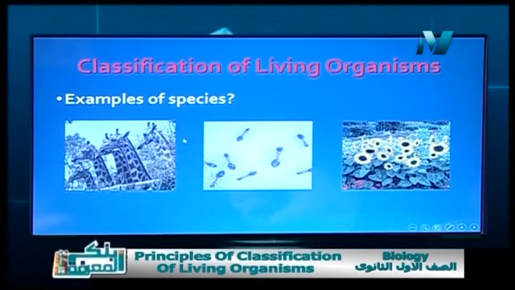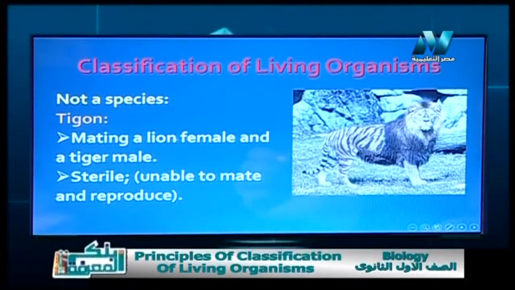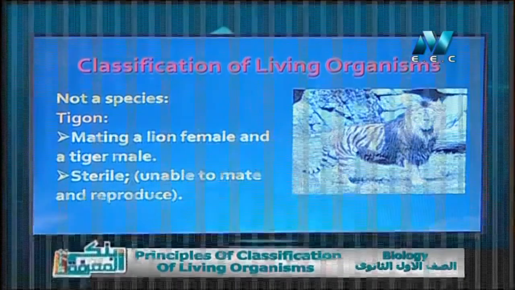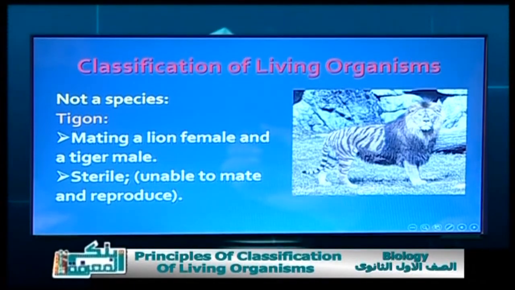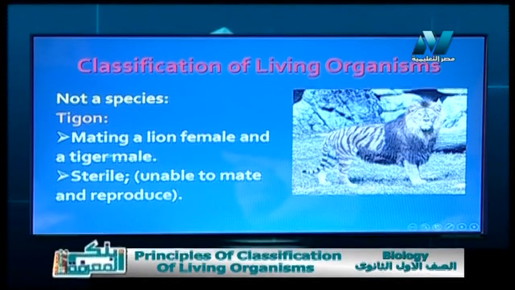But sometimes it occurs that one organism from one species mates with another organism from another species. And we have two examples here. The tigon, as you see in this picture, is a result of mating a female lion and a male tiger.